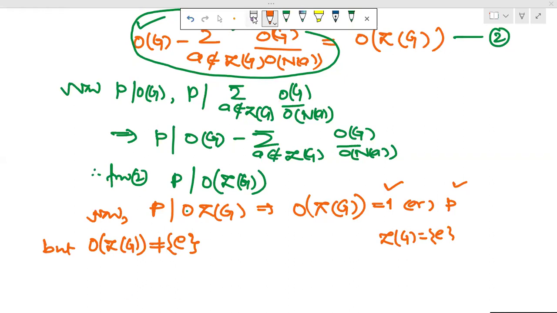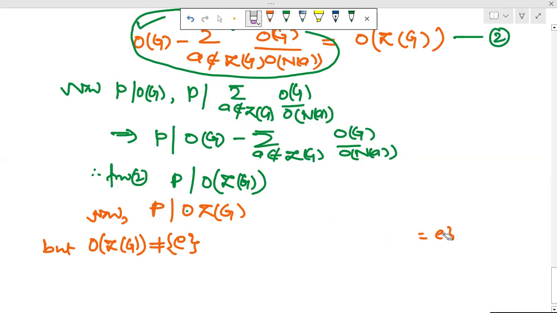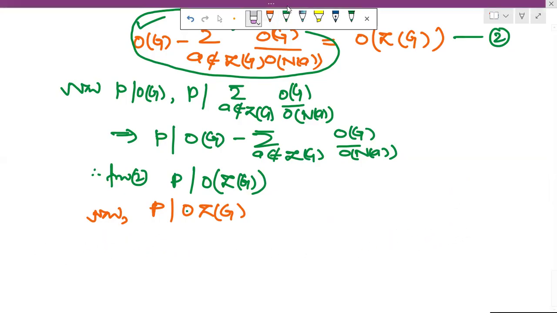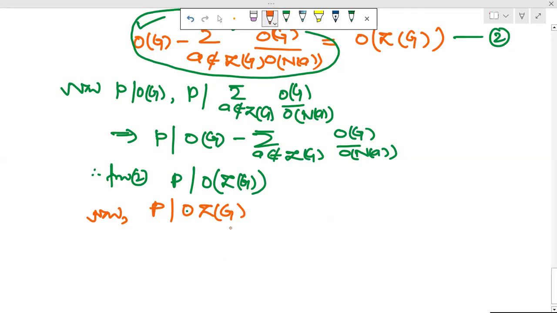So we are not getting this, because this is not the case here. We are doing this in a different direction. Let us check. Now P divides order of Z(G), right?